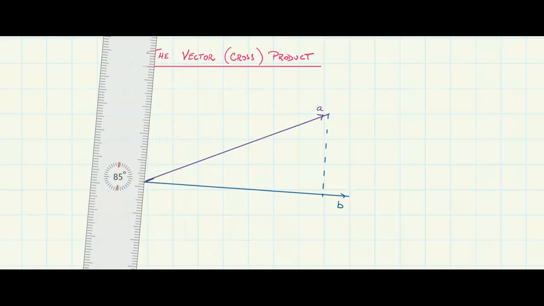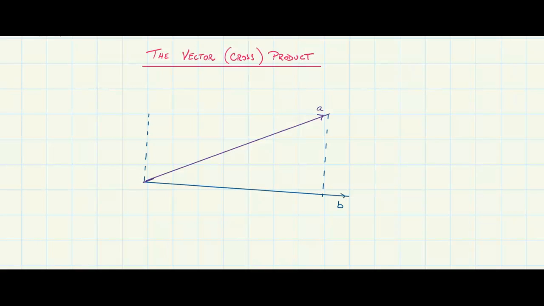I'm going to bring the same angle up over here, and okay, so here's the angle theta between the two vectors. These two vectors are in two-dimensional space.